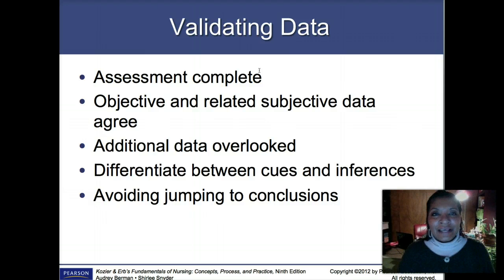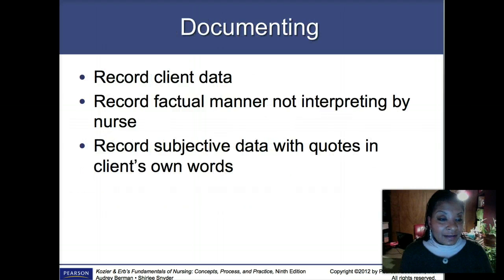You want to validate how the patient rates the pain, where the pain is, how long it lasted, is it radiating, do they have any of the other signs of a heart attack? You always want to get as much information as you can. And then, once you have collected the information, you want to document it.